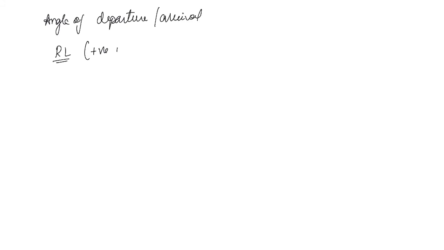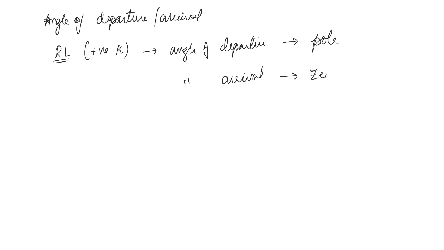Next, what is left to discuss in the construction of the root locus? Angle of departure or angle of arrival. For the root locus where K is positive, the angle of departure corresponds to the poles, and the angle of arrival corresponds to the zeros.